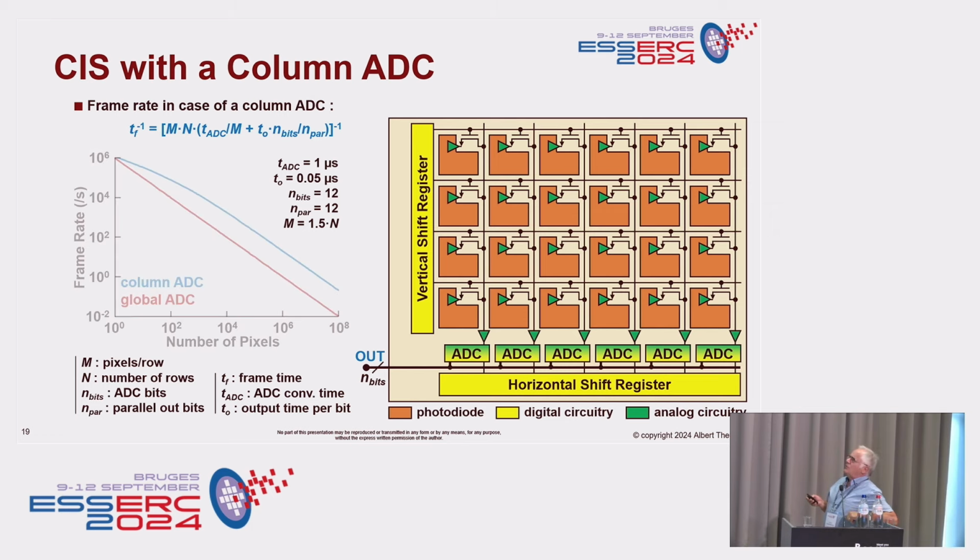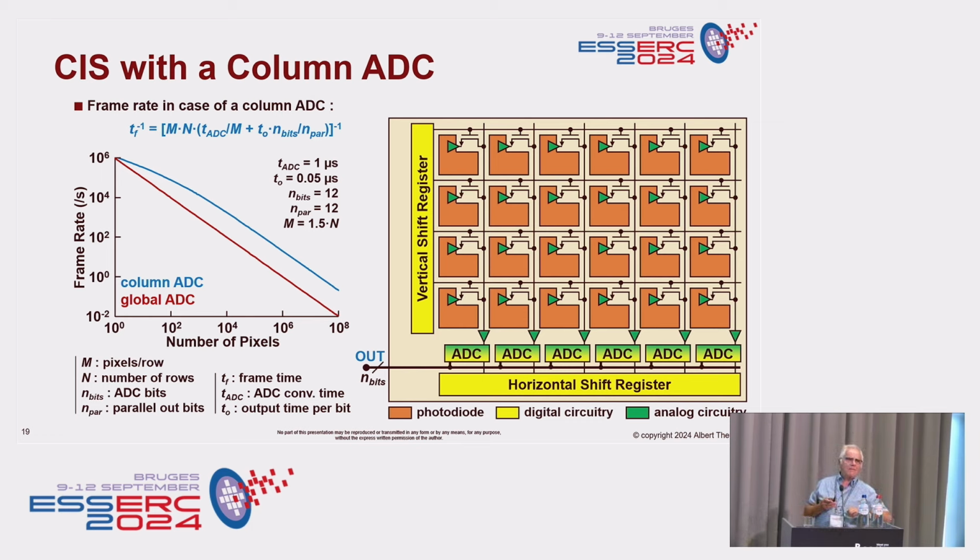If we look at the graph, you see indeed that we increase the speed compared to the global ADC. But at a particular moment you see that the two lines are running in parallel again. The reason is that at a particular moment, in this region, it's no longer the ADC that is limiting the speed, but the effect of getting rid of all your bits, of getting the digital information off chip, that is limiting your speed.